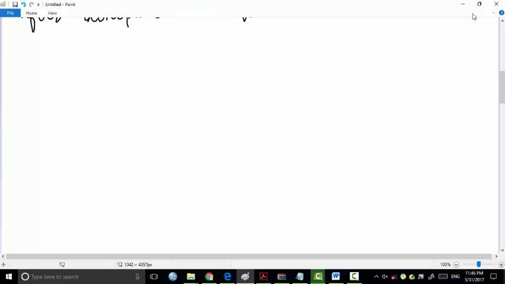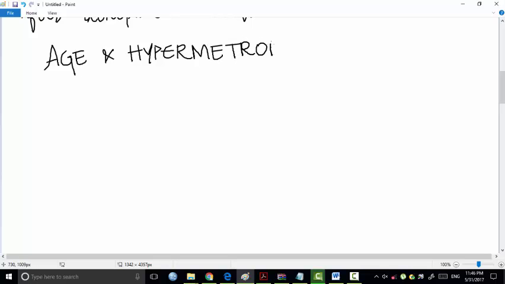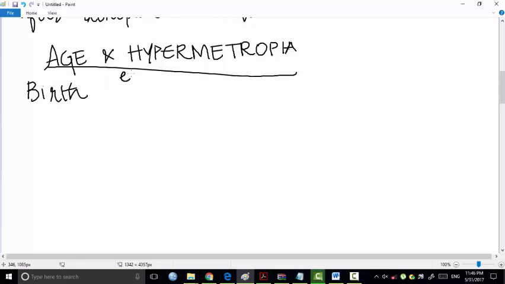Now coming to the relationship between age and hypermetropia. Is there a relationship between age and hypermetropia? If yes, what is it? So let's see. At birth, how is the eyeball?